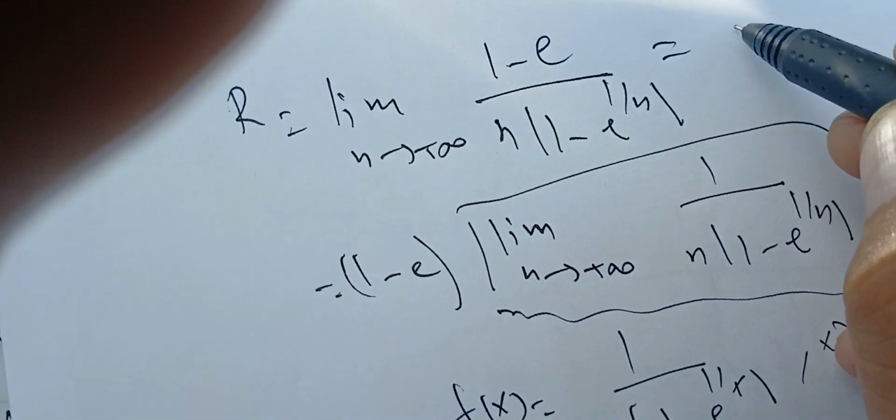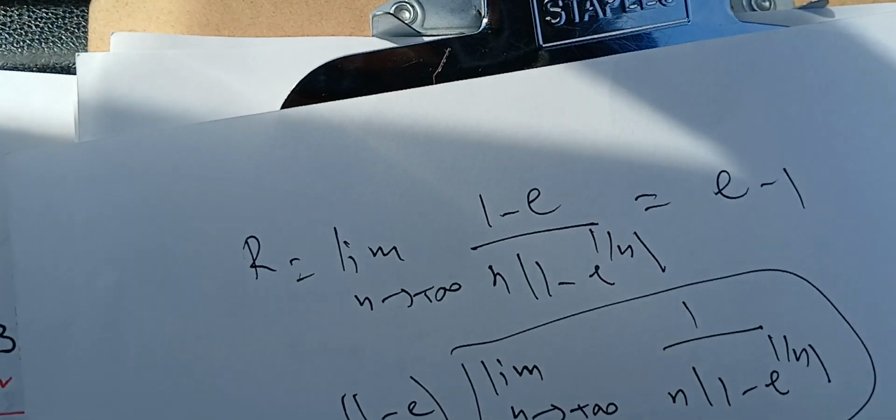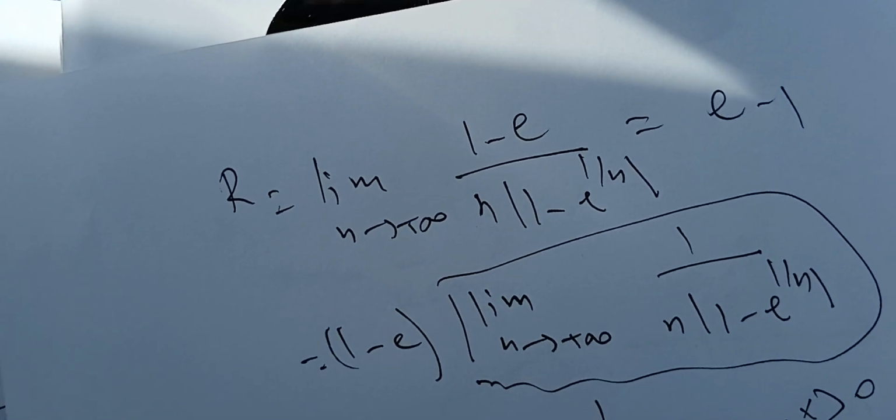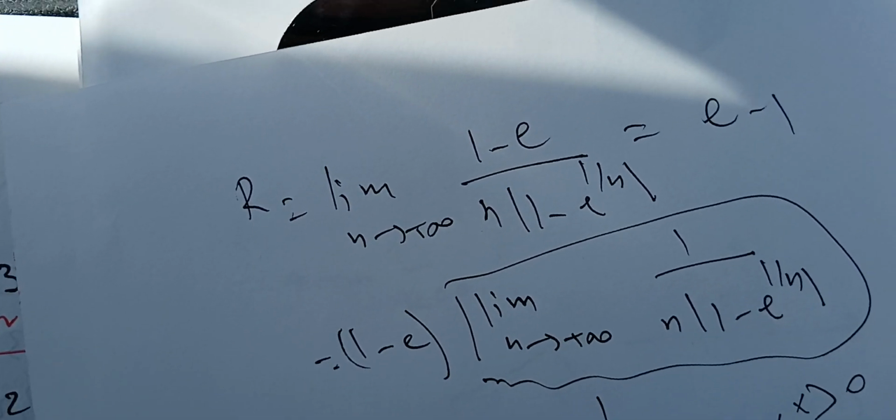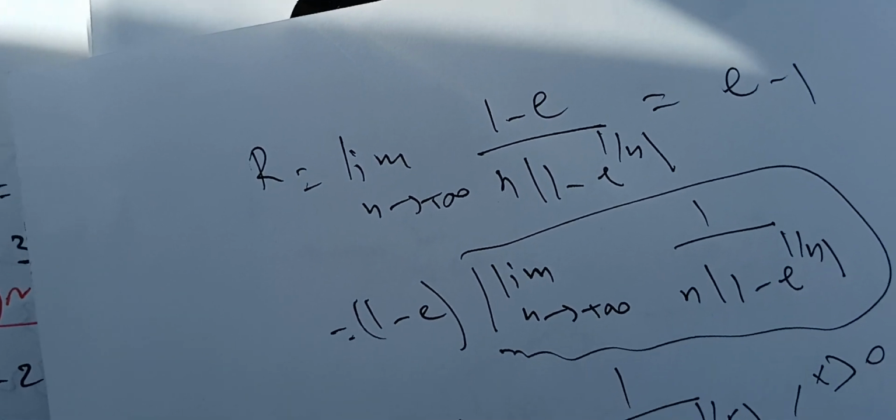So this limit is minus 1. Our limit here is minus 1. And we plug it in r, and we get e minus 1. And that's what we got when we first did it the regular way without using the left Riemann sums.